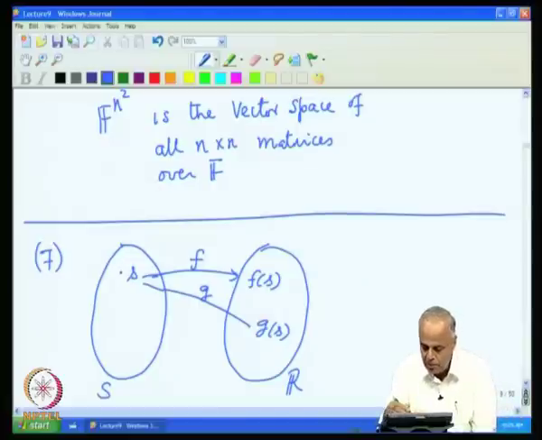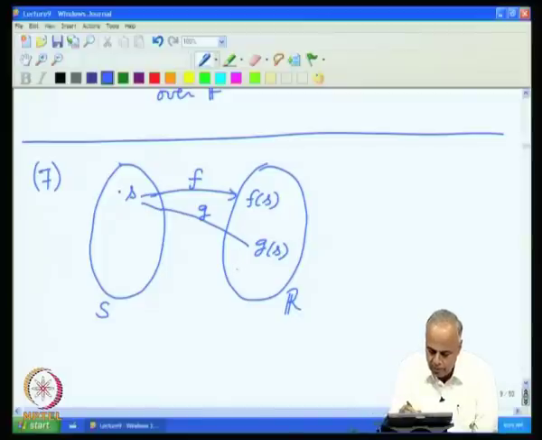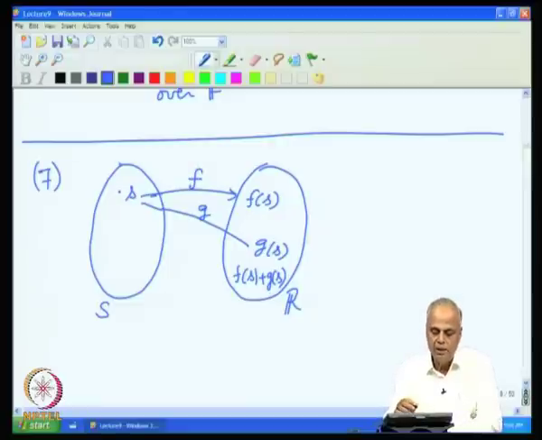Note that f(s) is in R and g(s) is in R. Therefore, f(s) is a real number, g(s) is a real number, so we can add f(s) and g(s). We get f(s) plus g(s), and that is also a real number.